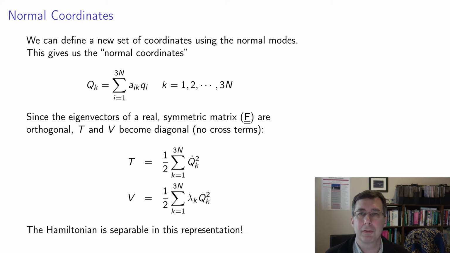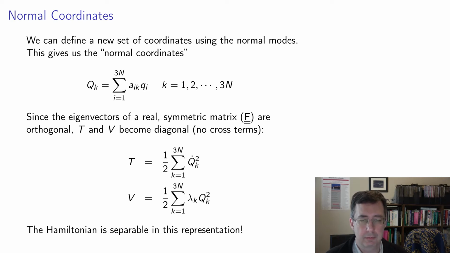So, knowing all this, I could define a new set of coordinates. I'll call them capital Q this time. And they're just a combination of my original simple q coordinates, the mass-weighted coordinates on each atom, times these amplitudes that I get from getting the eigenvectors of the force constant matrix. And so this gives me a set of normal coordinates.